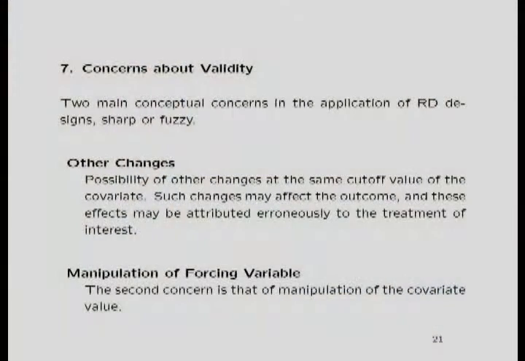Okay, so now let me talk a little bit about specification checks. There's basically two concerns in the application of these methods, be it the sharp or the fuzzy design. First possibility is that there's other changes at the same cutoff value of the covariate. So if in fact this particular age limit makes you eligible for one program, it may also make you eligible for another program.